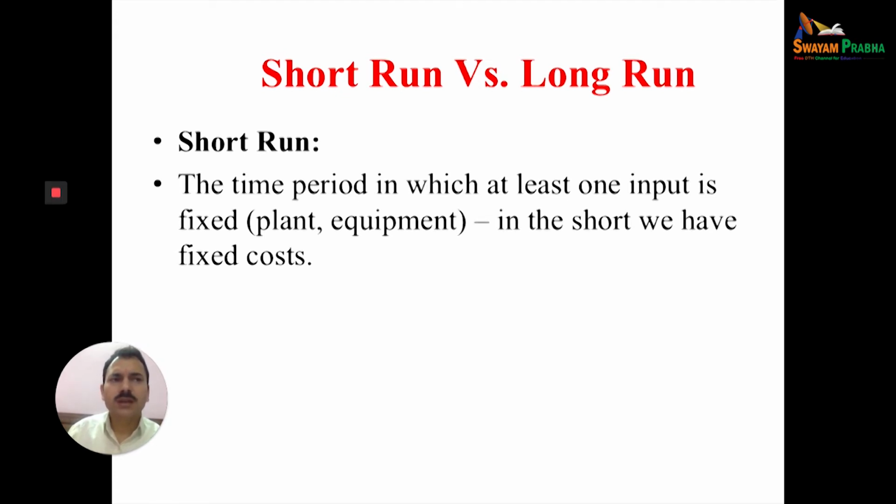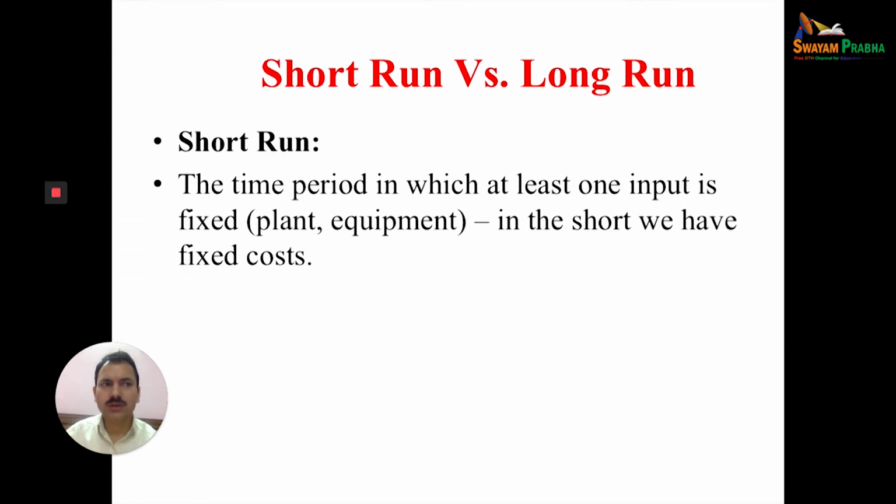Basically, the short run cost curve we can divide into three parts: total cost, average cost, and marginal cost. Even total cost can be of two types in the short run: total fixed cost and total variable cost.